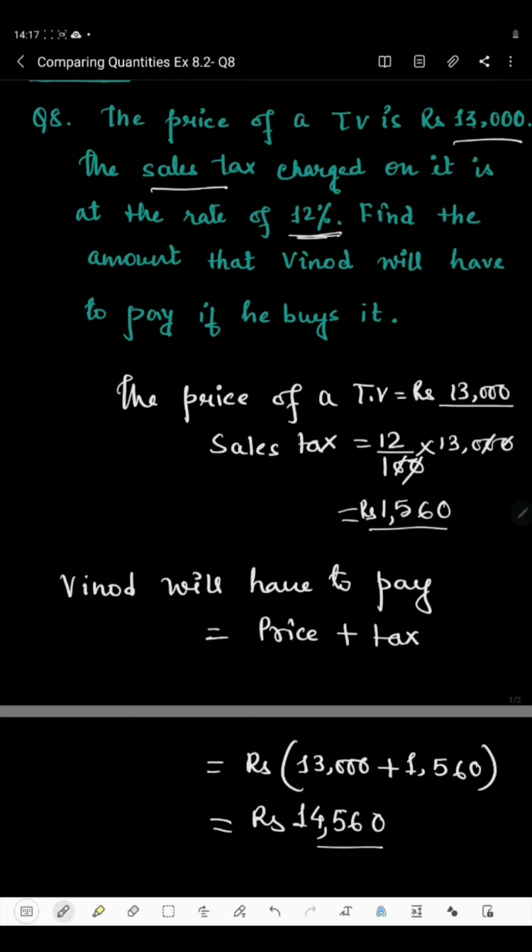Though the price of the TV is 13,000, he has to pay the tax also, which is of 1,560 rupees. So the customer only has to bear these taxes, and this is called sales tax. So this was all about question number 8.